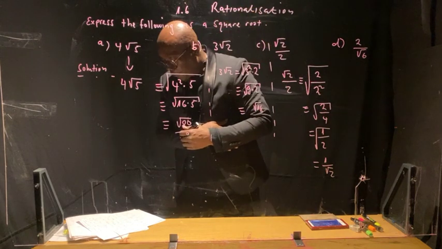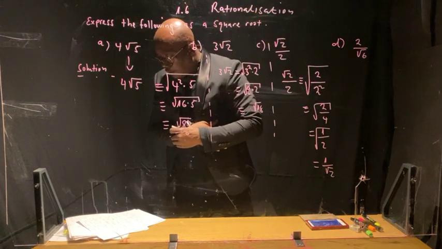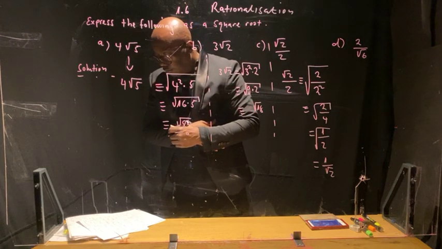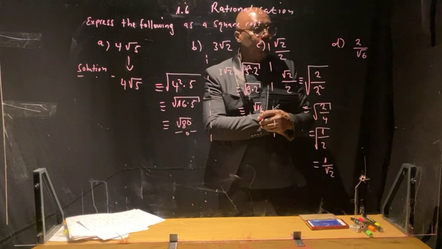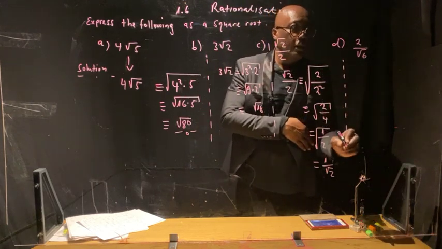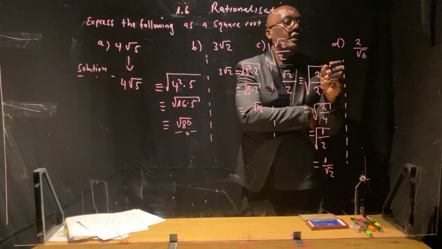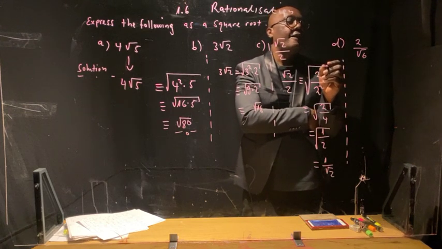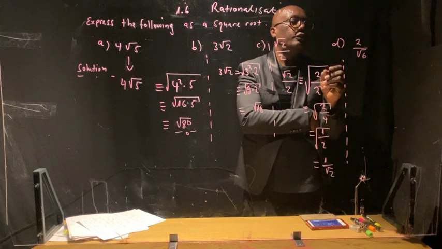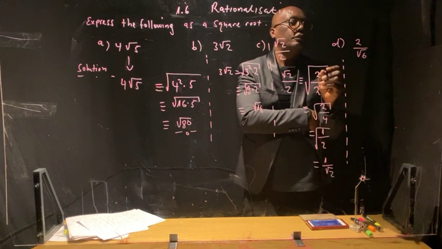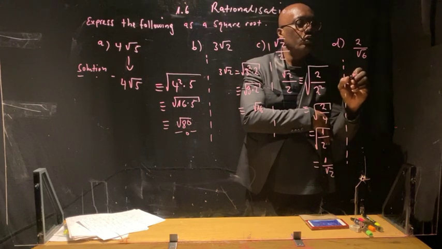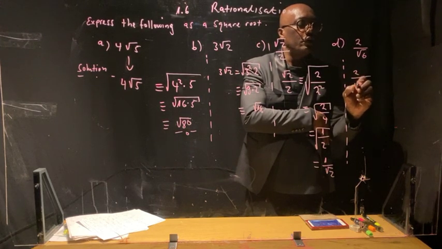Then another one, which is the D. The D is also the same. 2 over root 6.